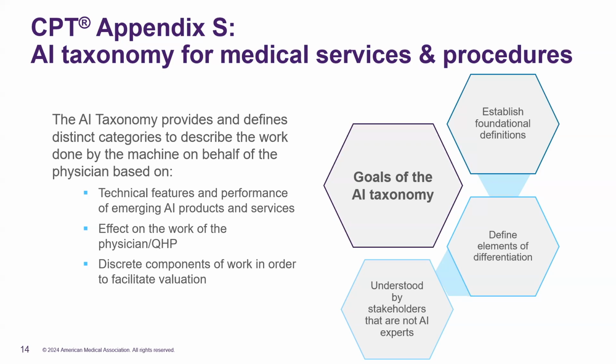Because CPT codes are focused on the work of the physician or the qualified healthcare professional, in this context, the AI is described by the impact that the technology has on the work of the physician or QHP, both in the amount of work and the changes in the way the service is performed.